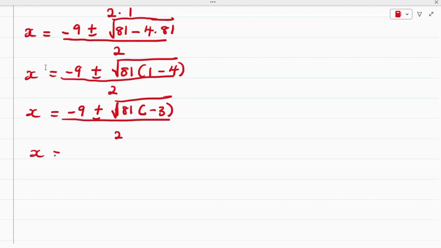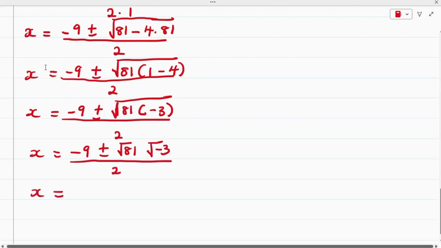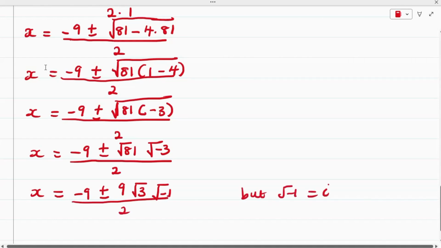So x is equal to minus 9 plus or minus the square root of 81 multiplied by the square root of negative 3 over 2. So x is equal to minus 9 plus or minus the square root of 81, which is 9, into the square root of 3 into the square root of negative 1, over 2. But the square root of negative 1 is equal to i.